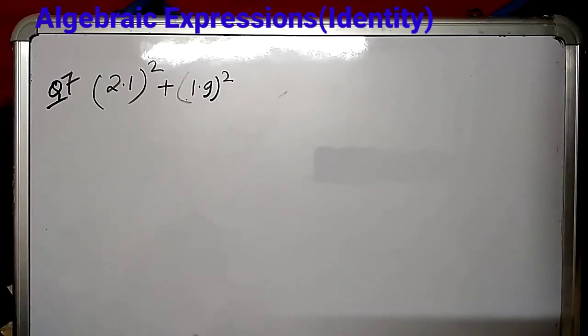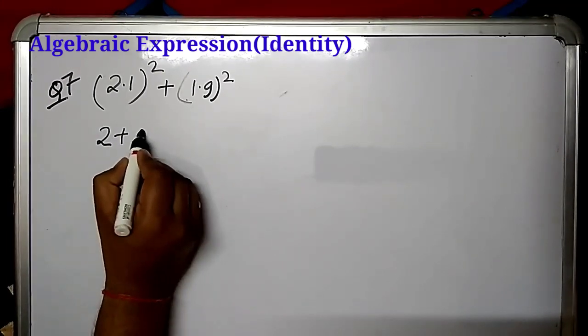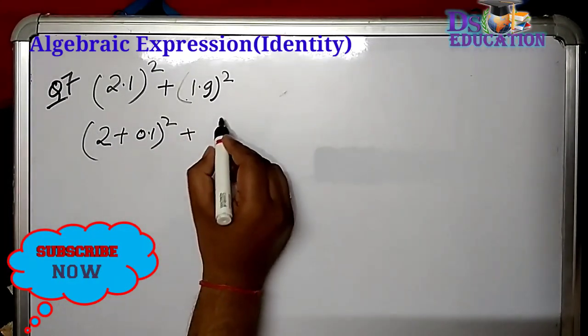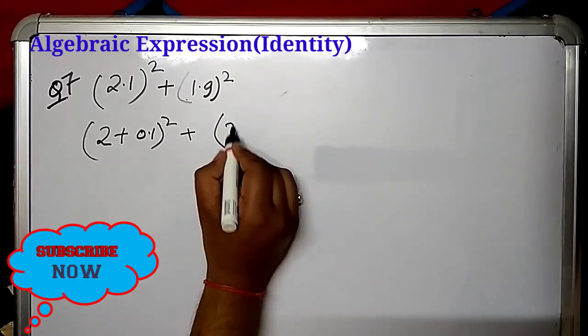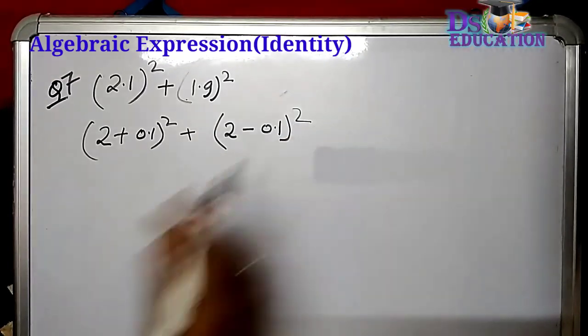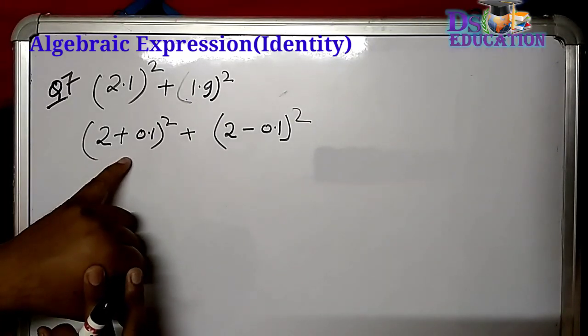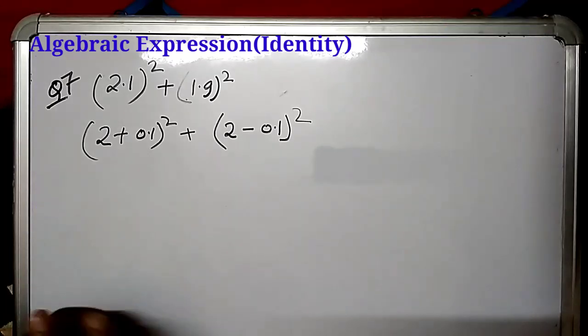Clear? Now in this type of question, what we will do, we will divide this into 2 plus 0.1 whole square. Clear? And this one you will divide into 2 minus 0.1. Okay, this is the question. Now if you see over here, it is a plus b whole square, and here it is a minus b whole square.